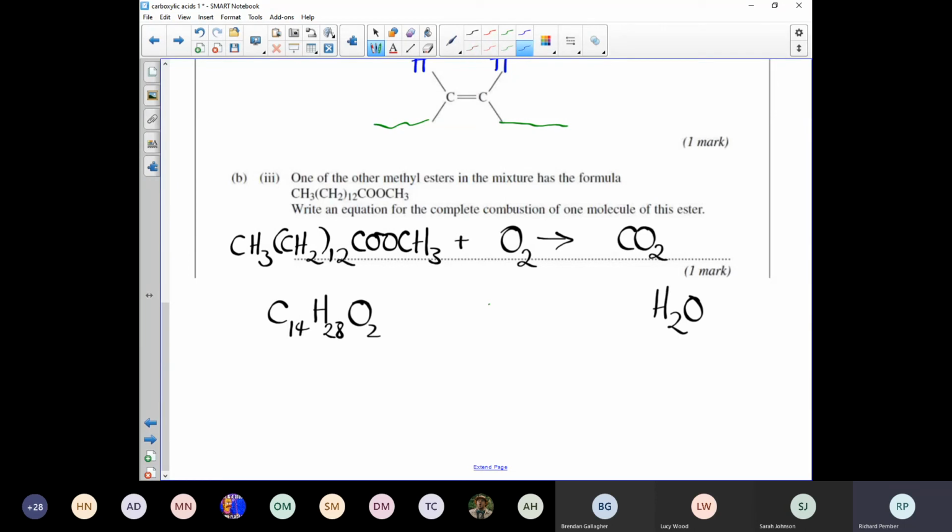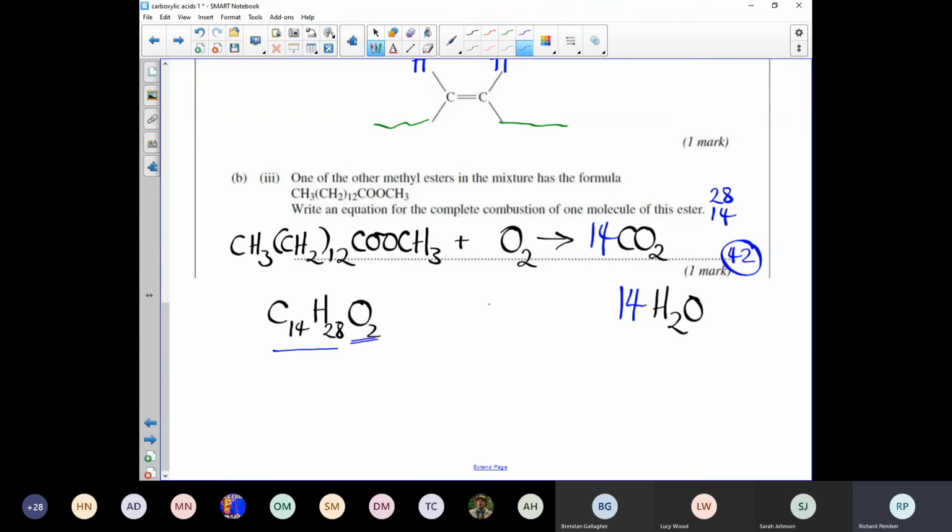So 14 carbons, see it's a little bit easier just to see now I've done that with my molecule. 14 carbons, I've got 28 hydrogens, so that means I've got 14 waters as well, which gives me a total of 28 oxygens and my 14 from the waters, so that takes me to 42 oxygens.